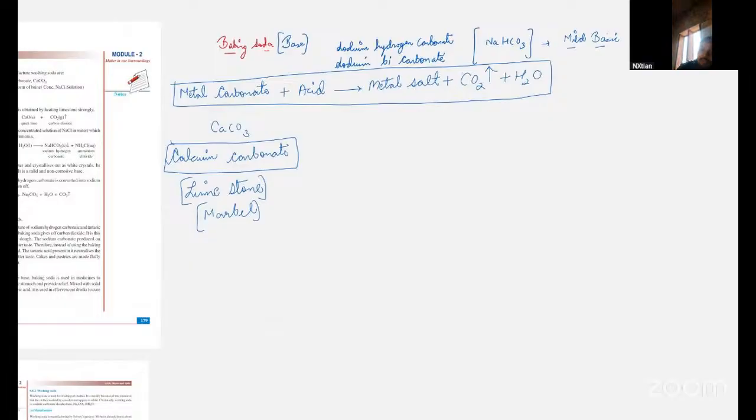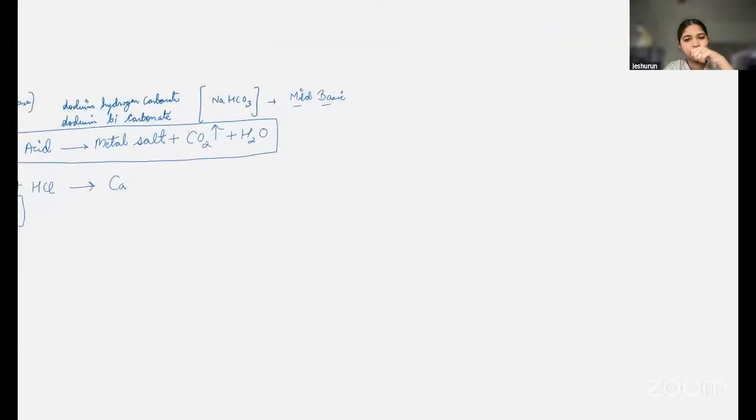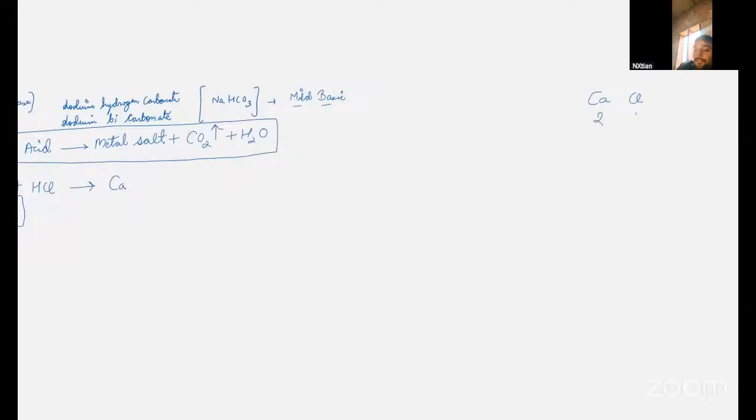So when calcium carbonate reacts with an acid like HCl, what will it form? Calcium chloride. What is the formula? CaCl, I guess. Ca has valency 2, Cl has valency 1.